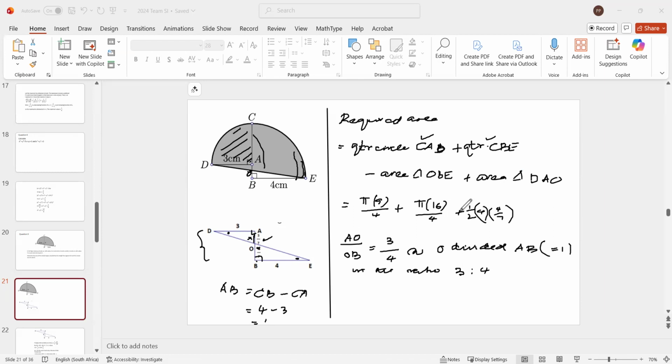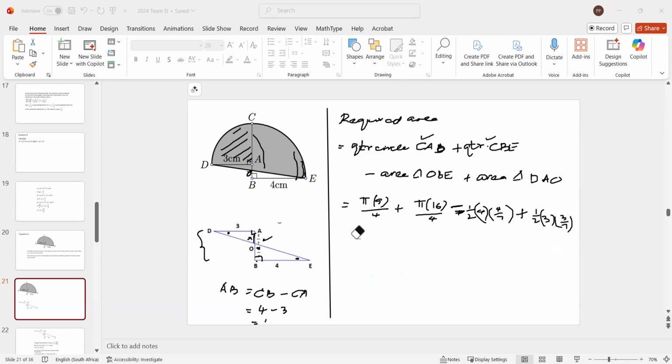Oh, I'm sorry, there's a minus sign here. Minus that, plus the area of DAO, that one there, and the area of that is again half base times height. The base is 3, and the height is 3/7. So you've got all the numbers now. All I have to do is simplify it and say what the answer is.